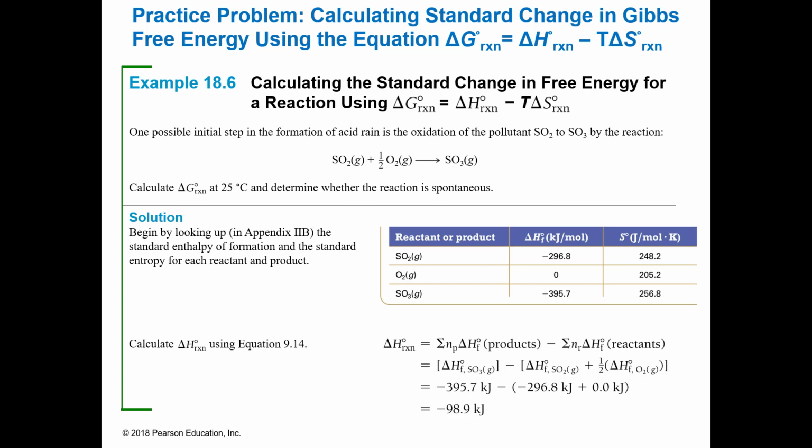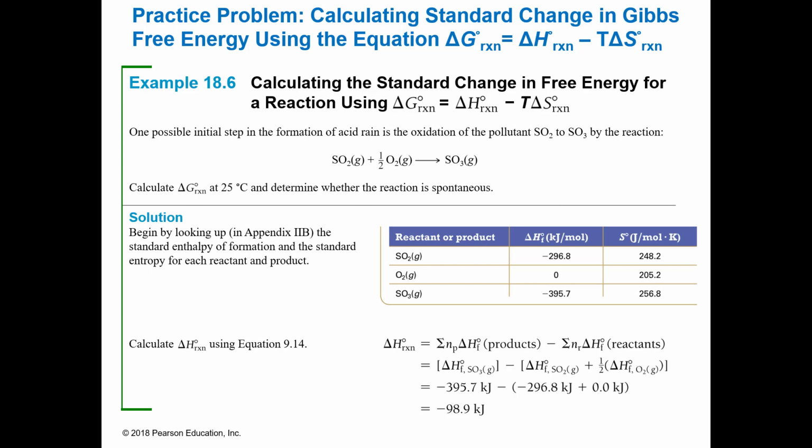And like I said, make sure you solve in the brackets first. And so you would get negative 395.7 minus a negative 296.8. Minus a negative makes that a positive. And so we get our total here, our standard enthalpy of this reaction is negative 98.9 kilojoules.